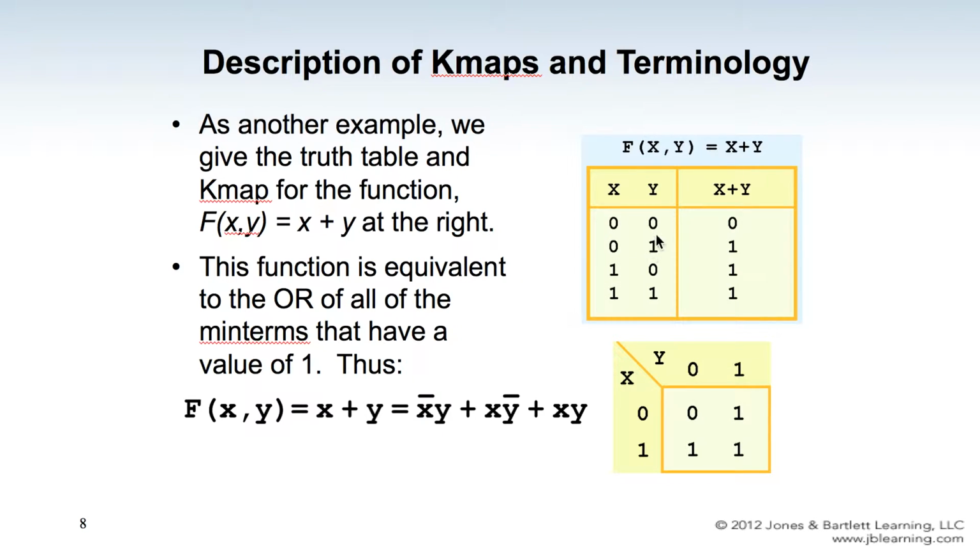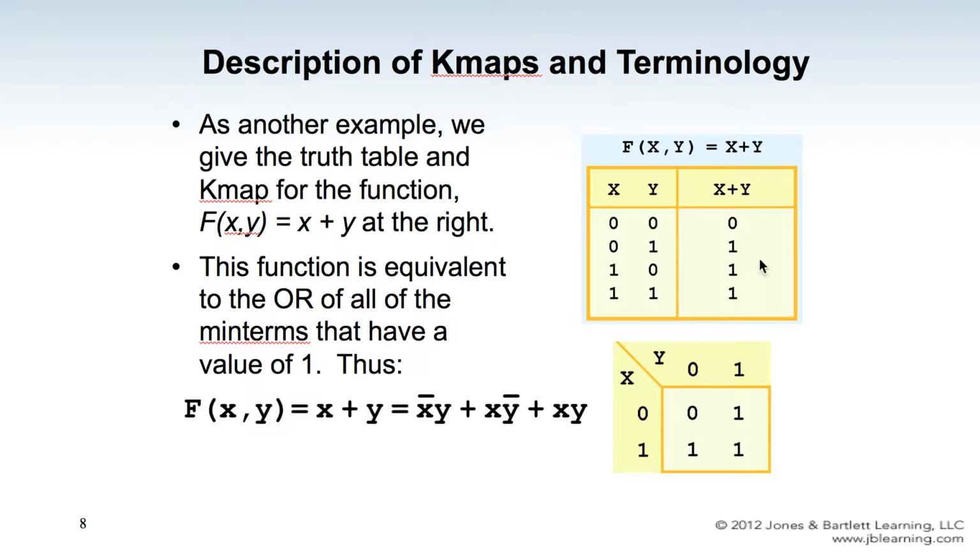We can set the four possibilities of the input values, and with x or y, if x equals 0 and y equals 0, then x or y equals 0. In the other cases, x equals 0 and y equals 1, or x equals 1 and y equals 0, or both equal 1, the value of the function equals 1.